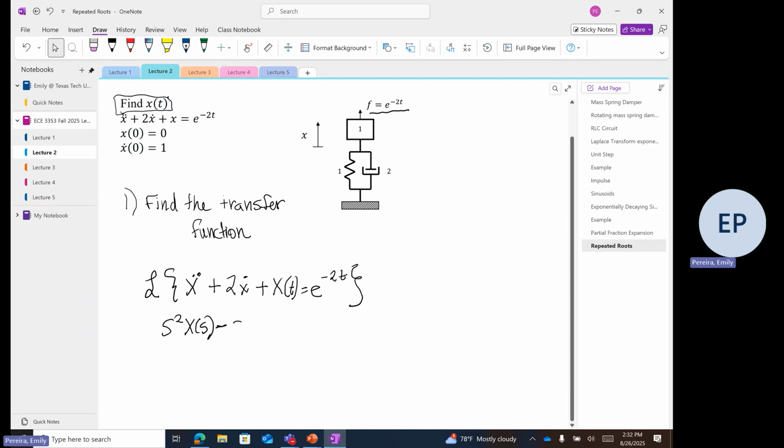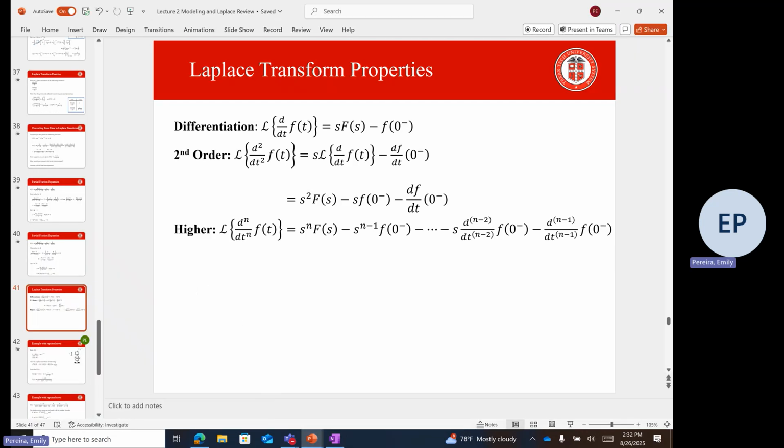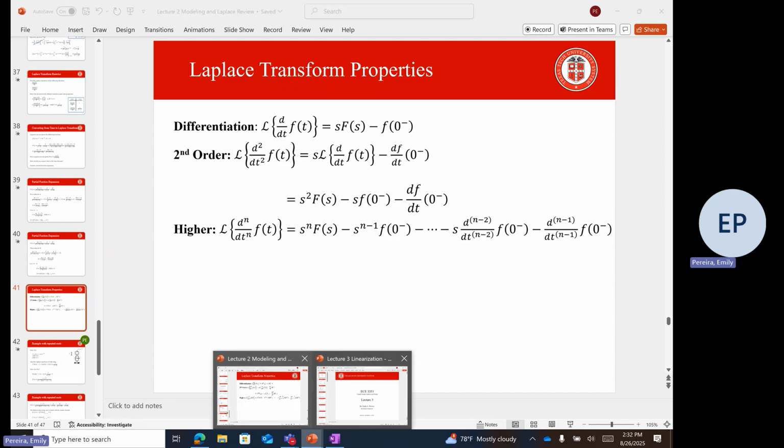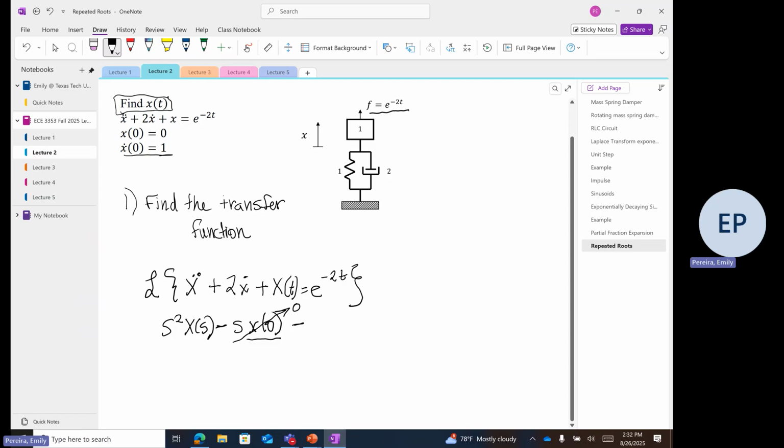So s times our x of 0, because our function is x here. And so x of 0 is 0. So this goes to 0. Minus, if we go back to this, the initial condition of the derivative. Okay, so that's where this is going to come in. So the initial condition of the derivative is 1.